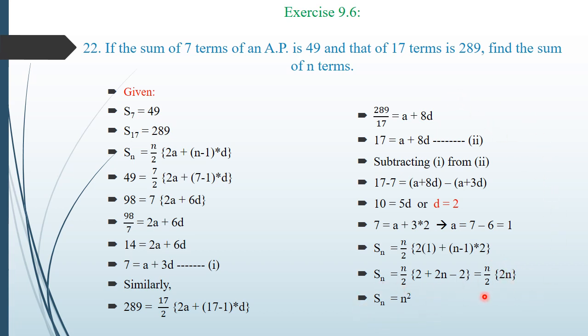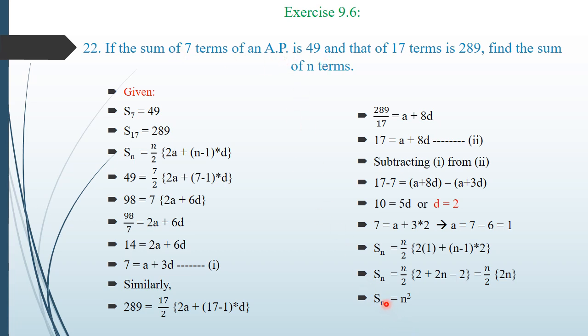Therefore, in this case, the sum of n terms of this AP is going to be Sn equal to n square. You can cross verify this by substituting a value of n and checking whether you are getting the sum of n terms. For example, if I substitute n as 7, that is the sum of 7 terms of this AP, wherever n is there, I'll put 7. Therefore, 7 square, that is 49. Therefore, the sum of 7 terms is 49, which is already given.